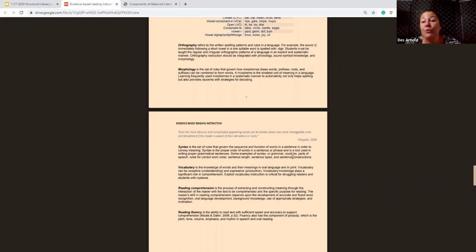So if a word is Greek and has the phoneme, it's likely to be a PH. So you'll still be working on those components just at a higher skill level because your students are older.